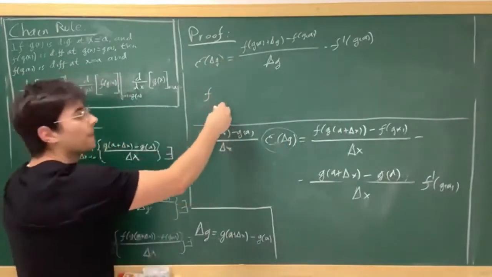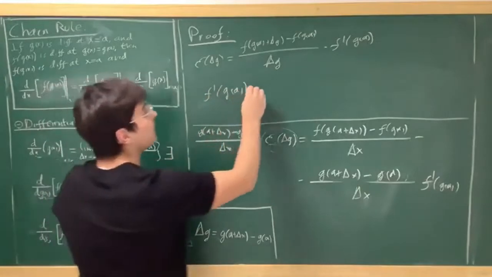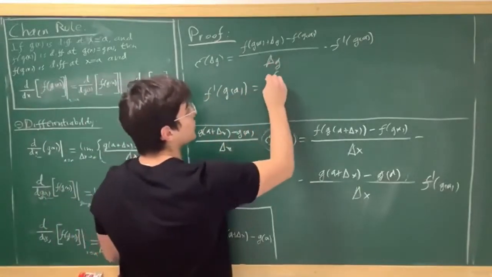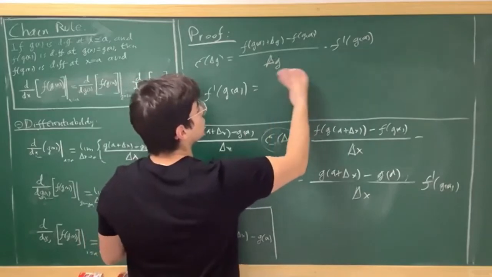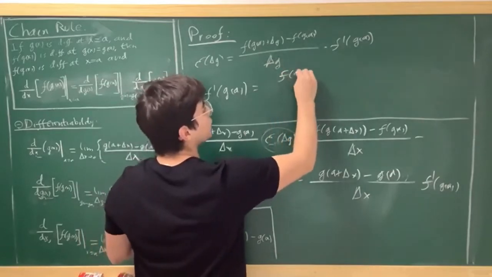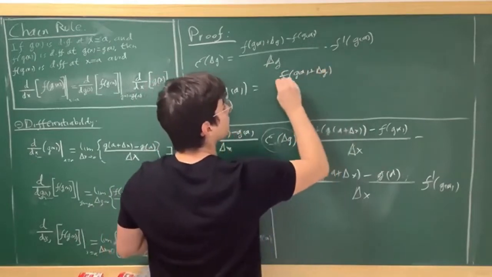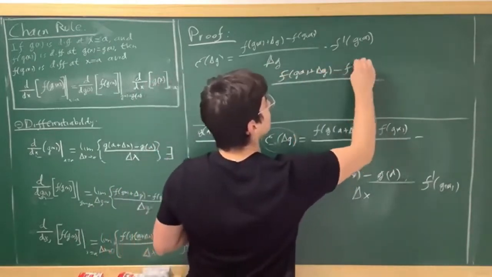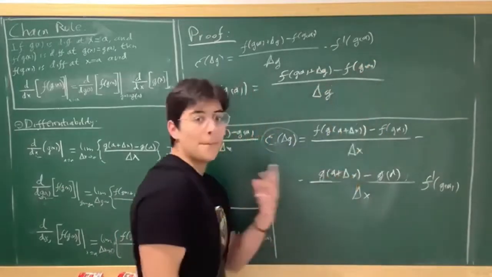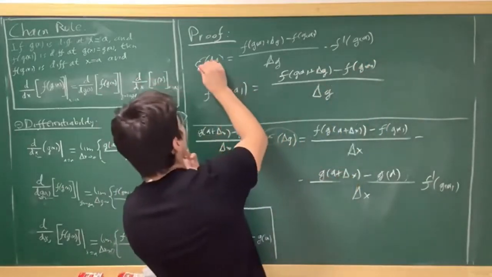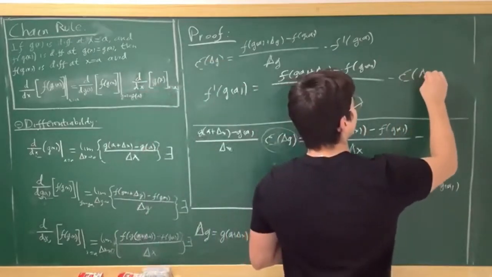So f prime of g of a from this expression is equal to my approximation. I'm just going to write it here, my approximation, right? Minus my error, my negative error in this case.